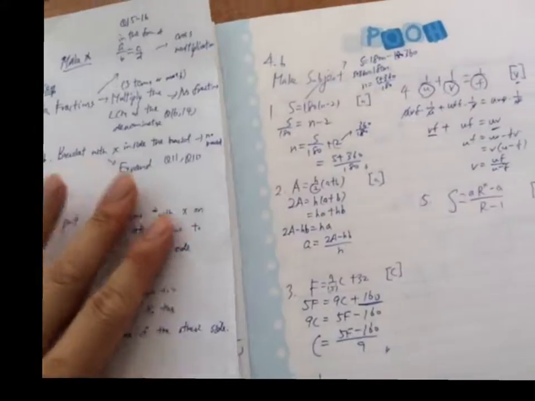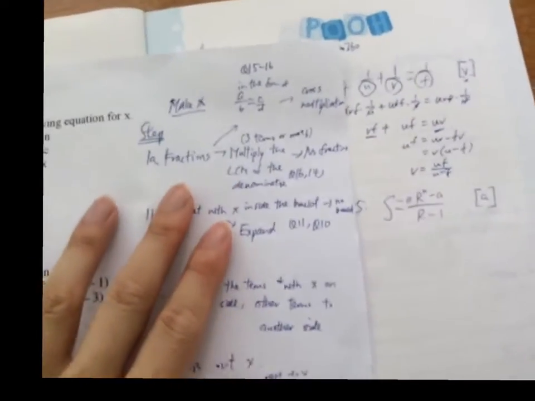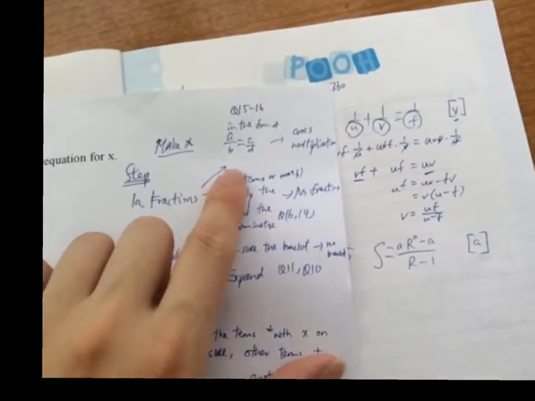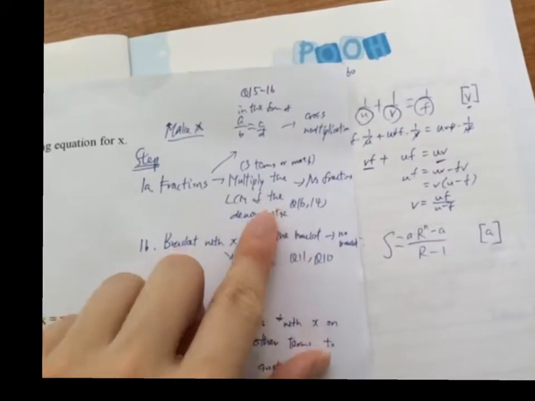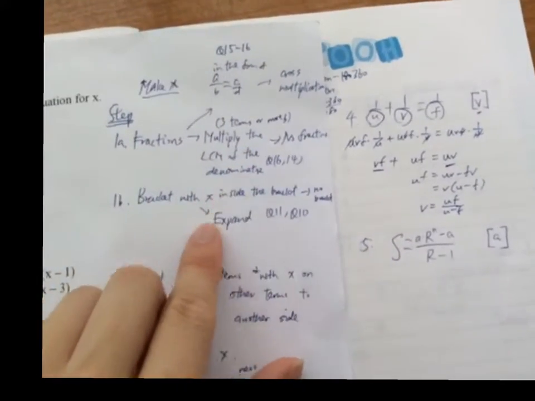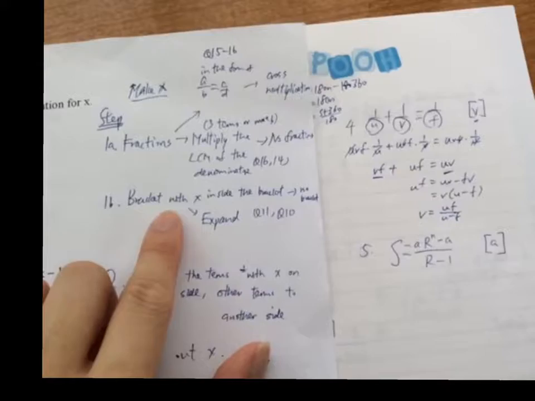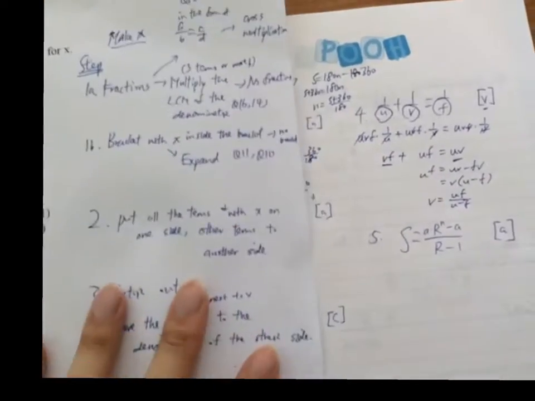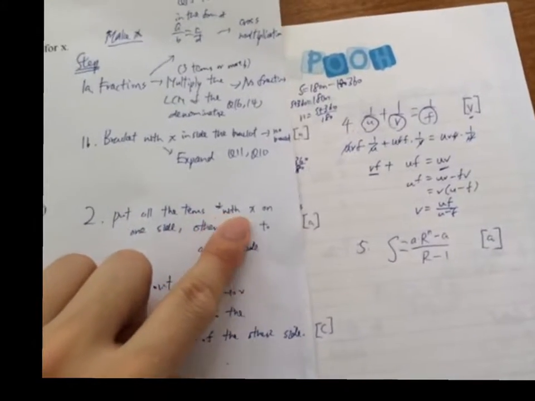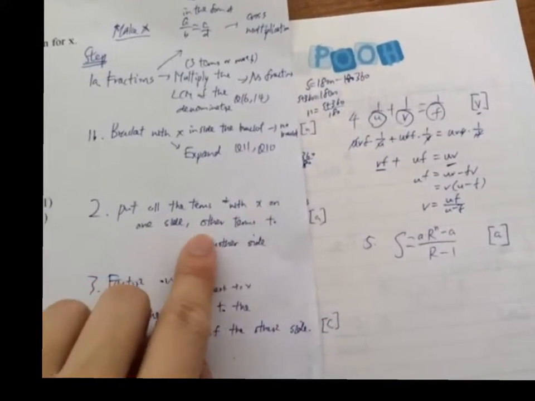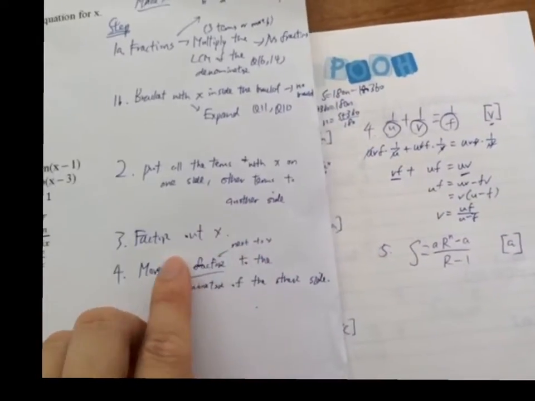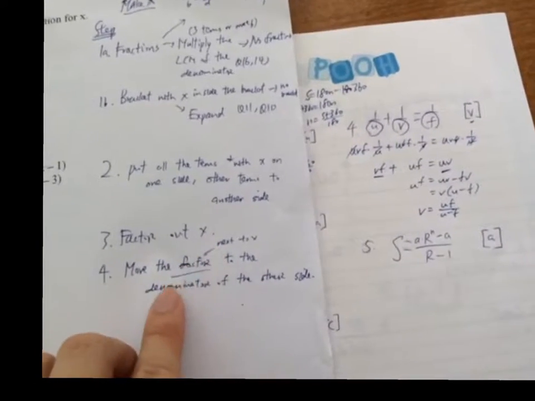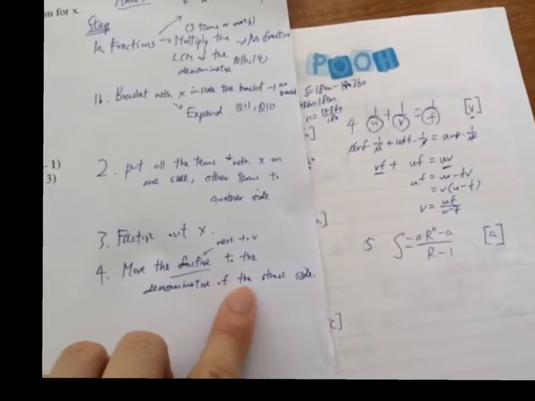These are 4 steps. First step, fractions: you multiply by the LCM of the denominators, and then you expand it out. Then you put all the terms with x on one side, other terms on another side, factorize out x, and then move the factor to the denominator of the other side.